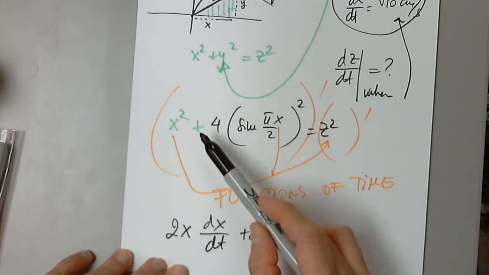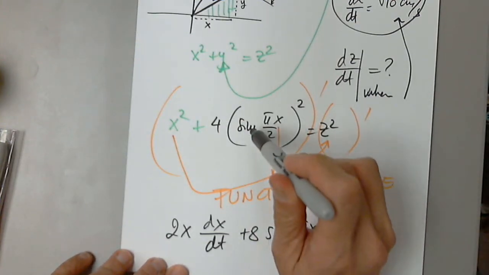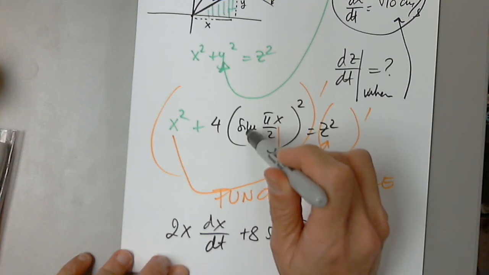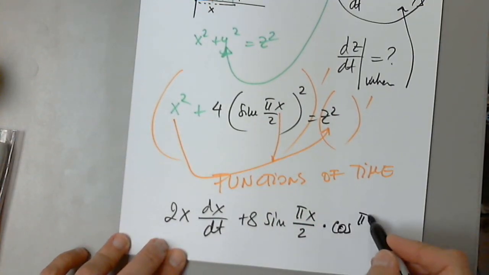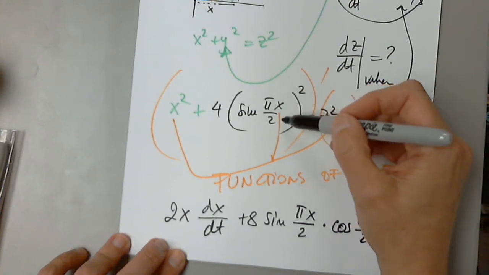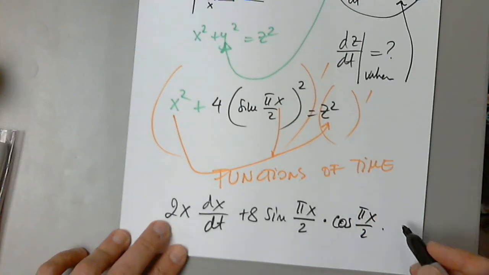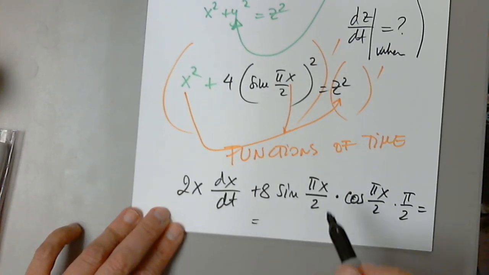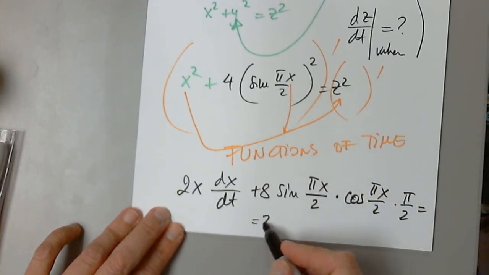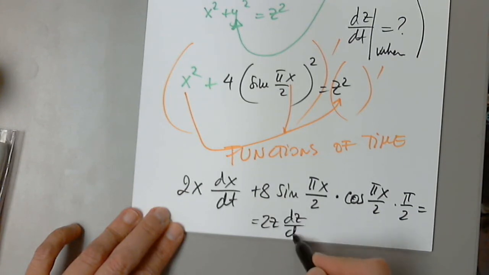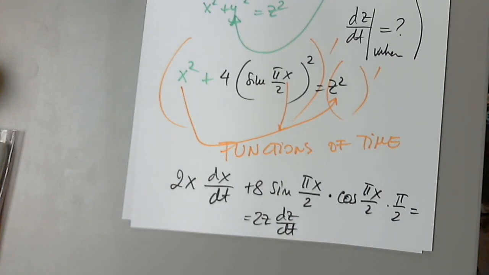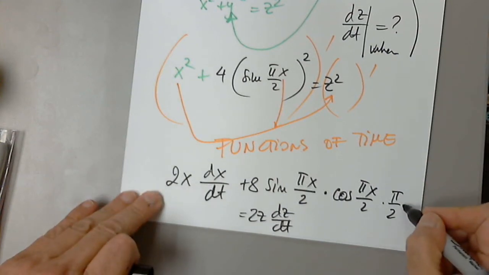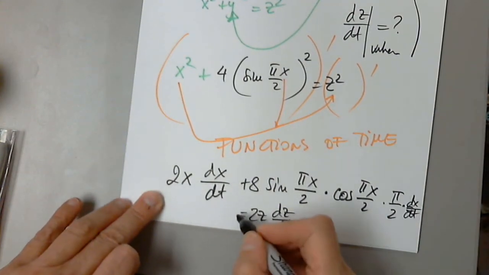So we bring down 2, we subtract 1 from the power, but now I have to differentiate sine. Very good. Cosine pi x over 2 times the inner function prime. Excellent. Equals. Cosine can also be times dx over dt. Of course, right here at the end. Thank you. Equals. Yes.